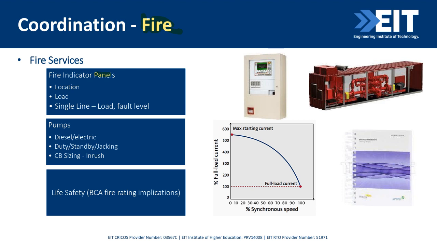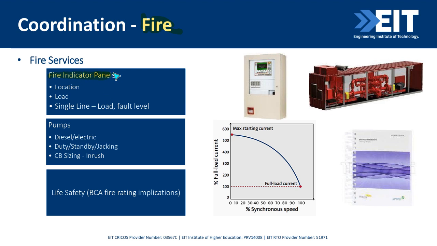So unlike mechanical, who in a larger project would have their own switchboards, everything for a fire system is typically supplied by the electrical switchboards. So we provide power to their fire indicator panels. So to do that, we need to know where they are, what the load could be of that panel, and we need to tell them, similar, what their fault level could be so that they can then specify an appropriate FIP, fire indicator panel.